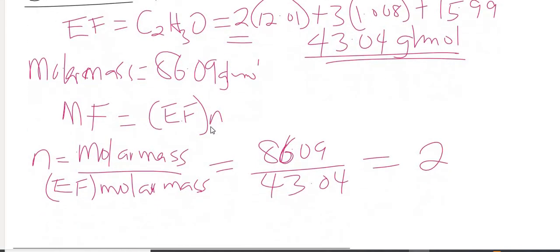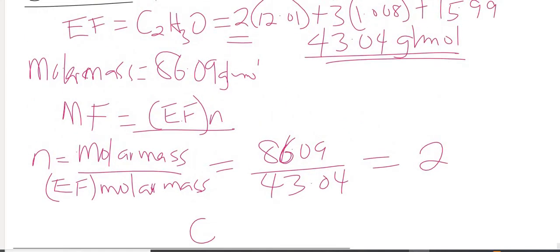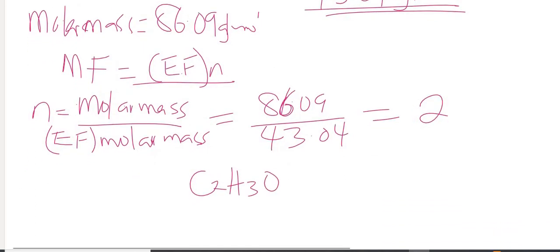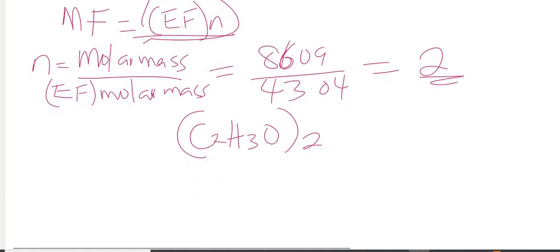We now go into our relationship, which is the molecular formula equals EF times n. Our EF from the question is C2H3O, and our n is 2. So we can use that to open up the parentheses.